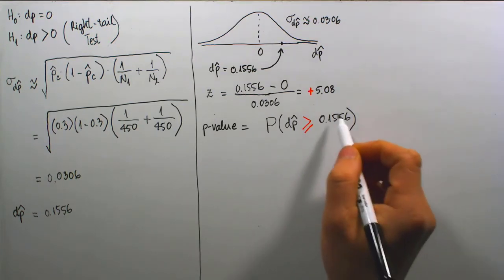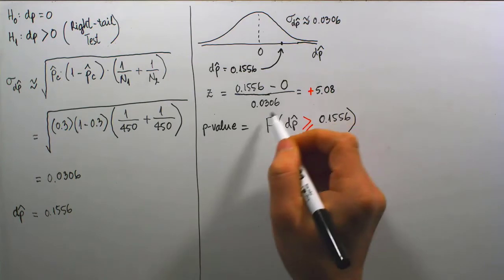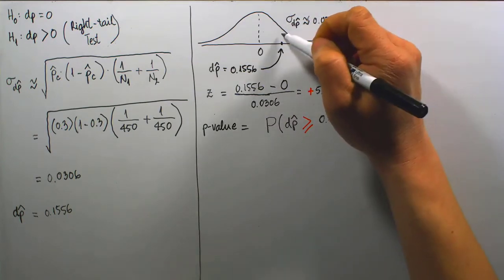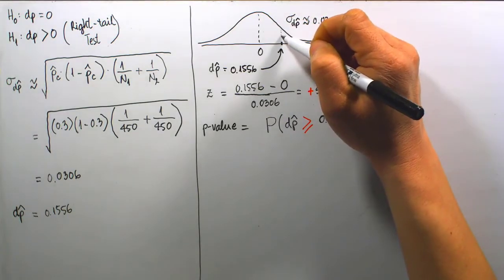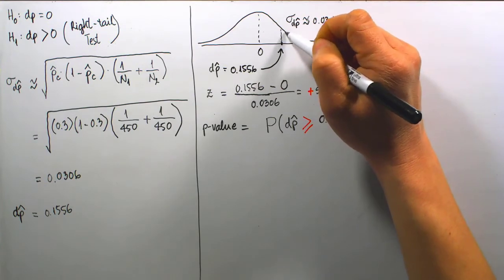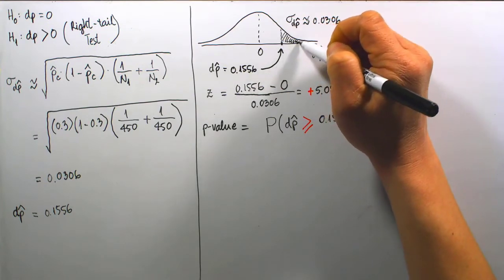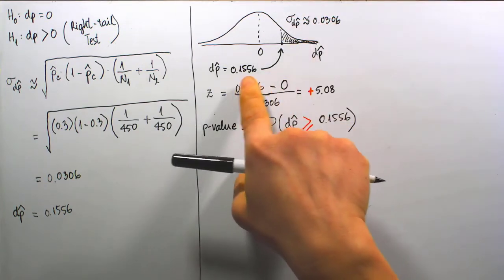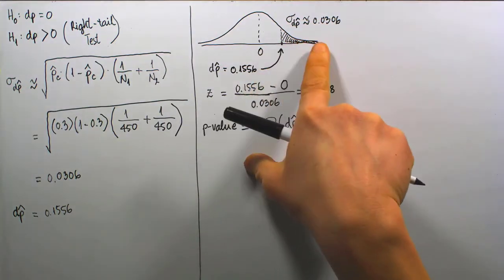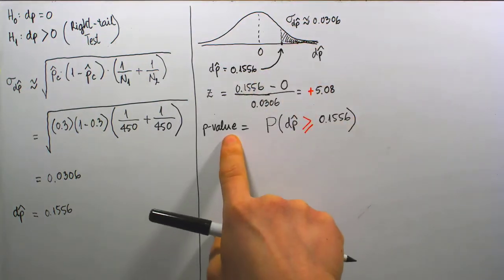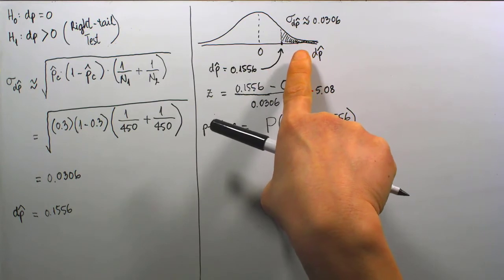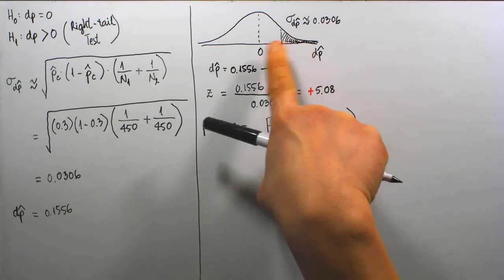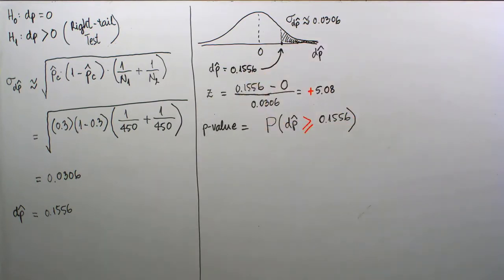So calculating this probability on this bell curve is understood graphically as the area shaded to the right hand side of our sample value 0.1556 on this bell curve. And so the p-value here is understood graphically as how big that shaded area to the right hand side of our sample is.